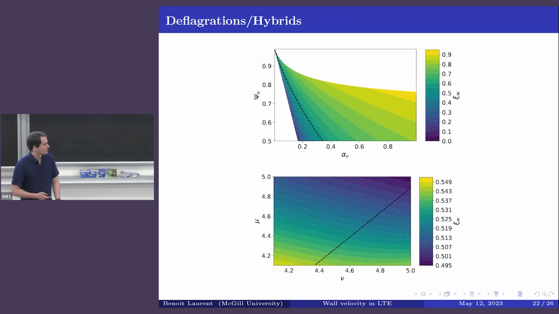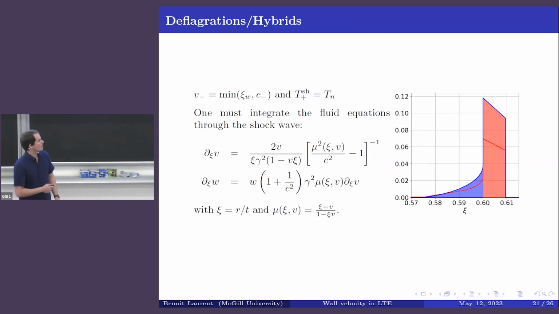Unfortunately, they are a bit more complicated to deal with due to the fact that they have two boundary conditions that are not at the same point in space. We have one in front of the shock front and one behind the wall.